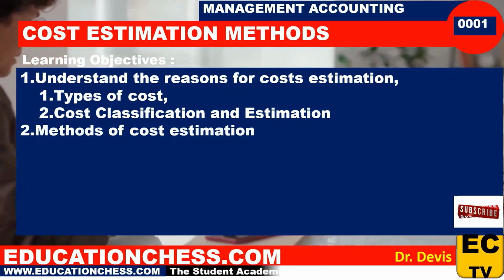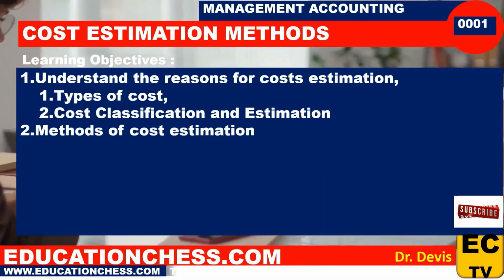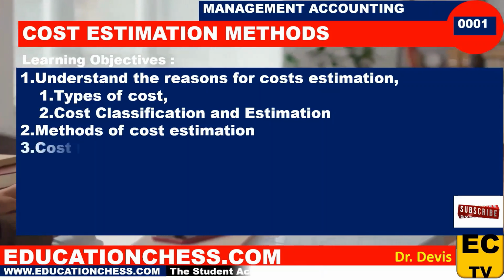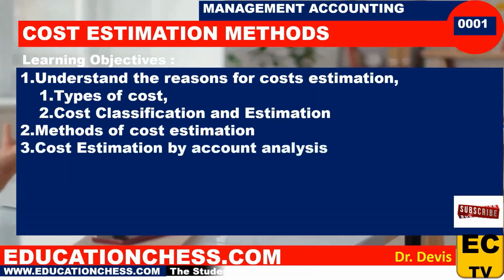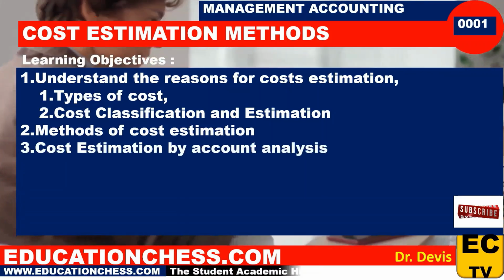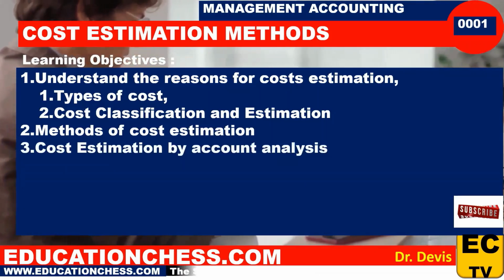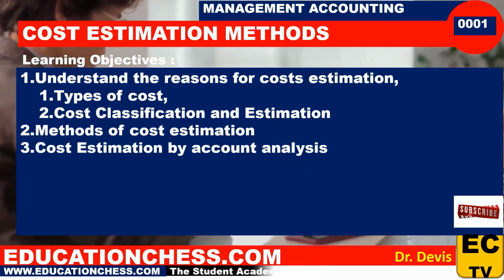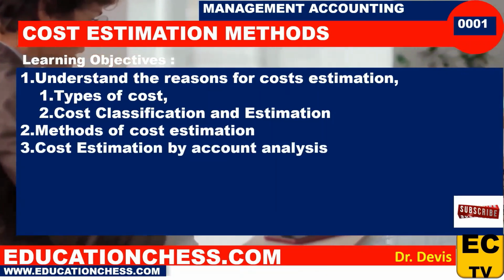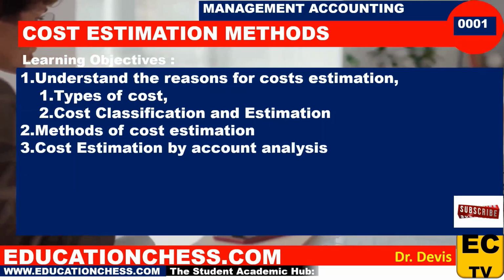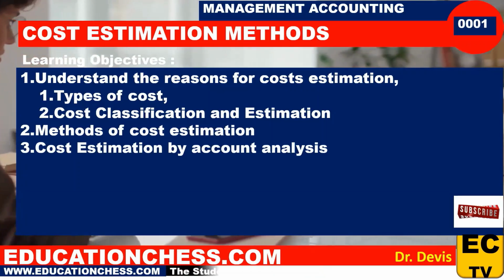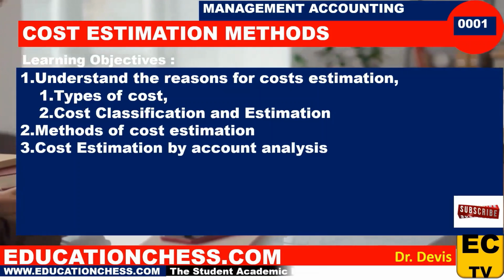What category? How do you view all the activities and check whether this is variable cost or fixed cost? Methods of cost estimation: we will look at different methods that are used in estimating costs. First, in this class, the estimation of costs by account analysis. We analyze different types of accounts provided from the financial reports.